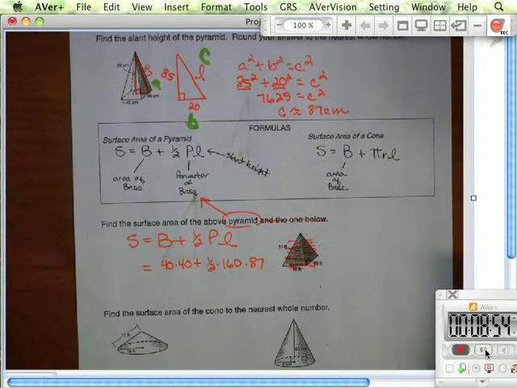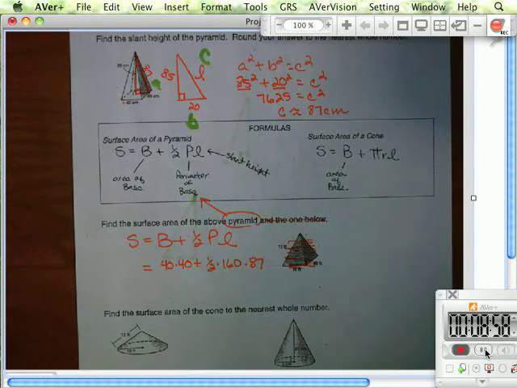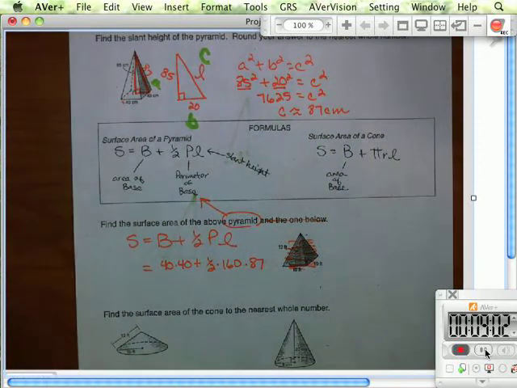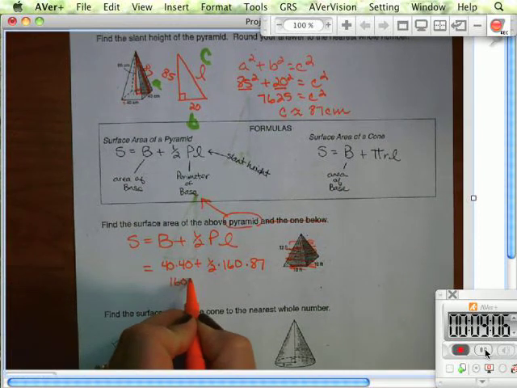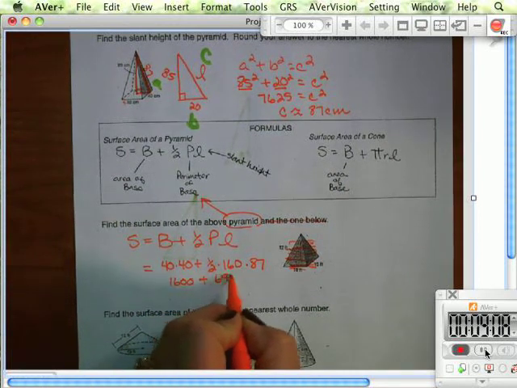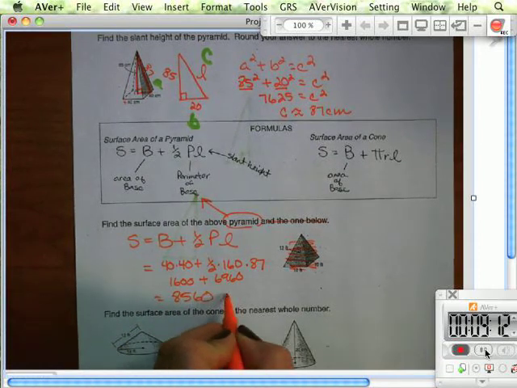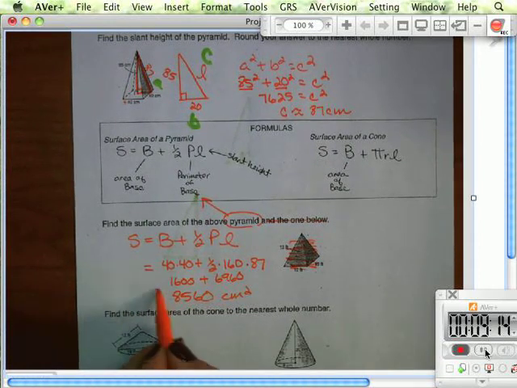That's all you have. Does anybody have a calculator? Oh, I got it here. It's 1,600 plus 6,960 equals 8,560 centimeters squared.